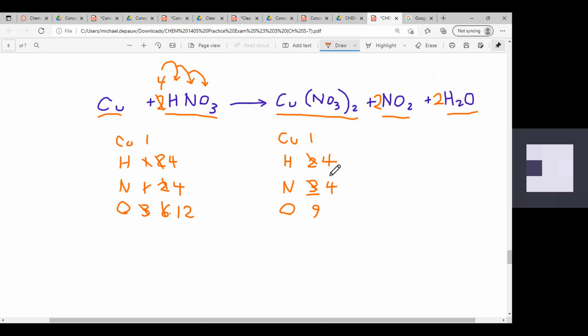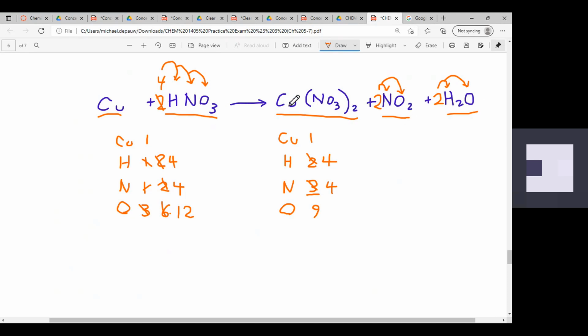And how many oxygens does that give me now? So I have 2 from the water. I have 2 times 2, 4 from the nitrogen dioxide. So 2 plus 4 is 6.